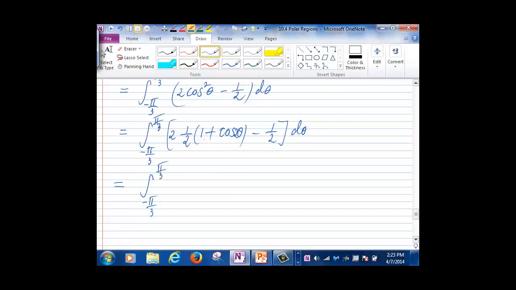When I multiply out, the 2 and the half cancel, so I'm left with a 1, and 1 combined with the negative half gives a positive half, and then I have cosine of 2 theta as well.